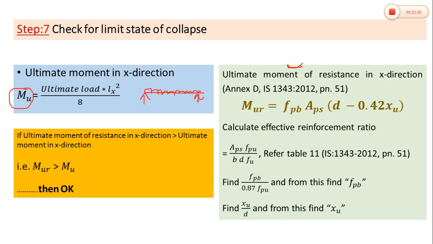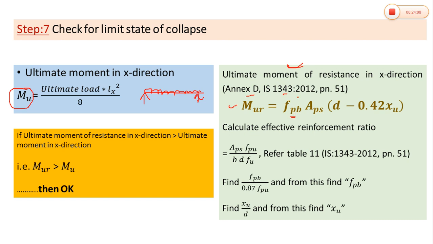The ultimate moment of resistance is given in annexure D of IS 1343:2012, page number 51. According to that clause, the ultimate moment of resistance MUR is equal to fpv Aps into bracket d minus 0.42 xu. See here, this fpv is nothing but the value of stress developed in the prestressed steel.